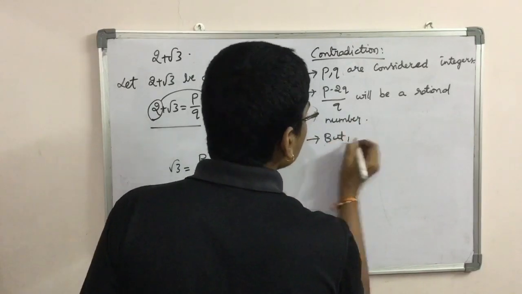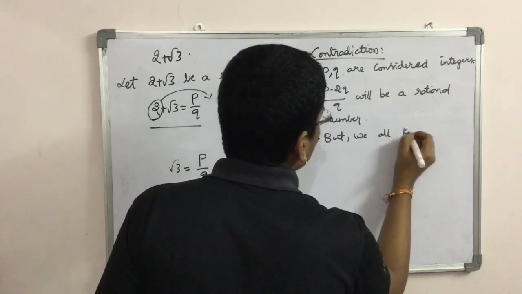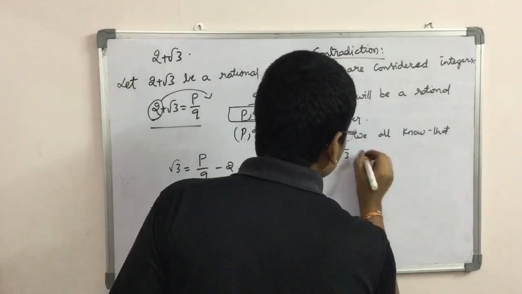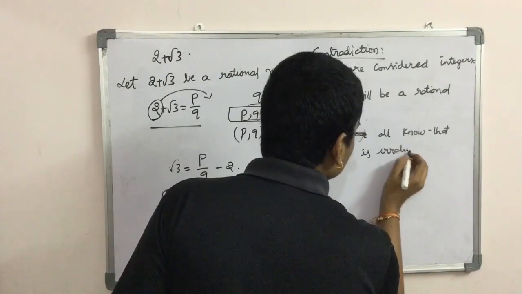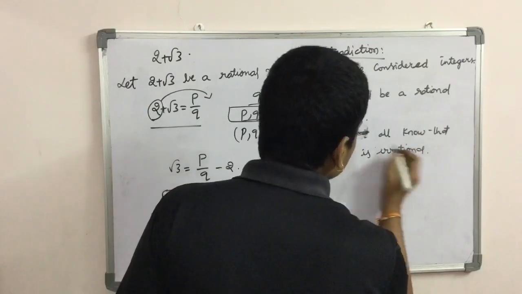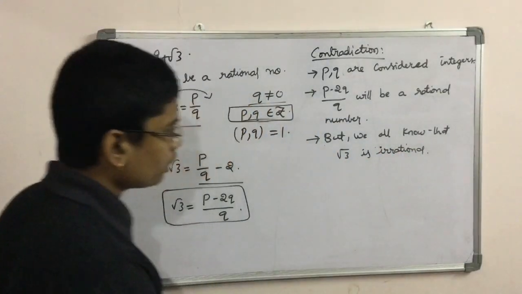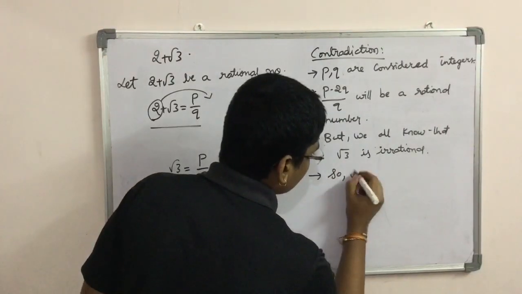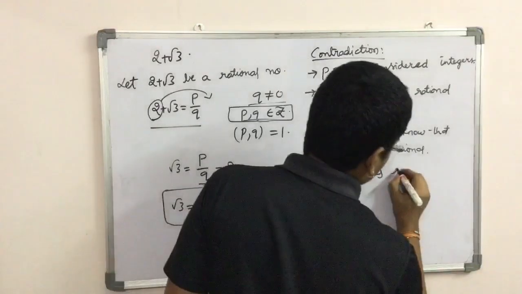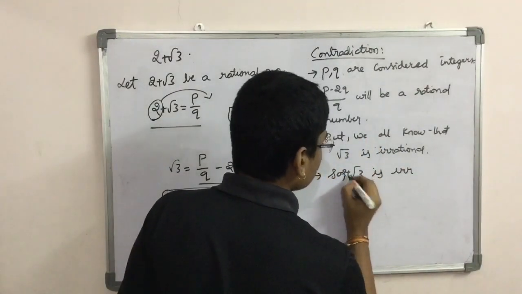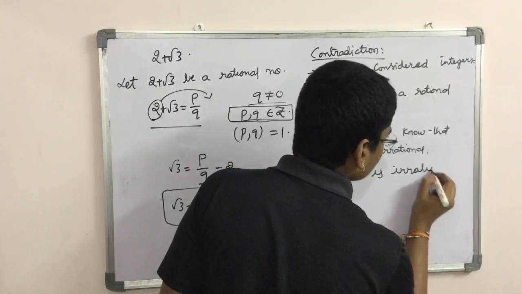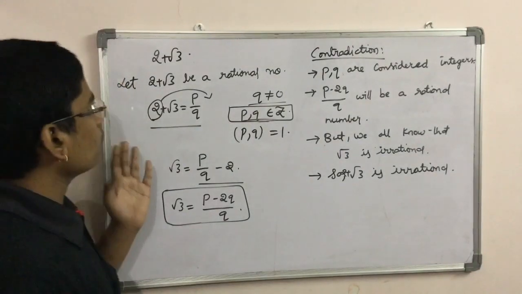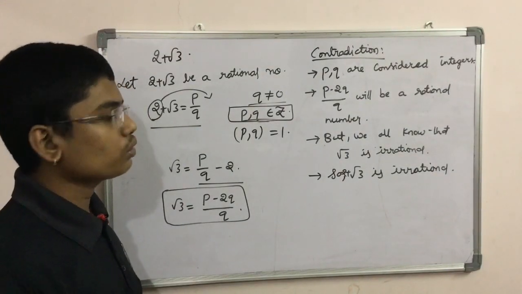But we all know that root 3 is irrational. Or if there is time, you can prove that root 3 is irrational also in the first method that we have discussed. So root 3 is irrational. So 2 plus root 3 is irrational. Hence we write this statement and contradict that our assumption that 2 plus root 3 is rational is wrong, and we say that 2 plus root 3 is irrational.